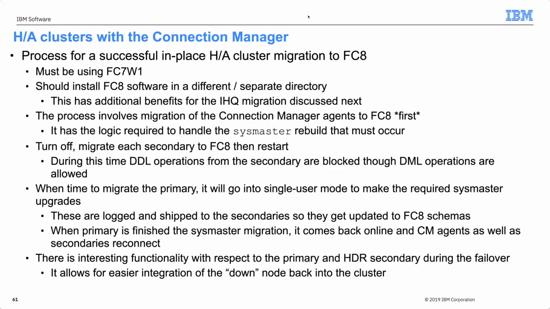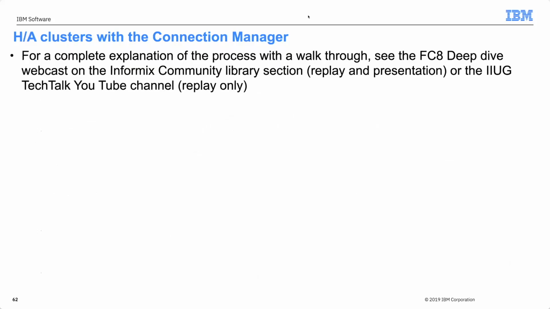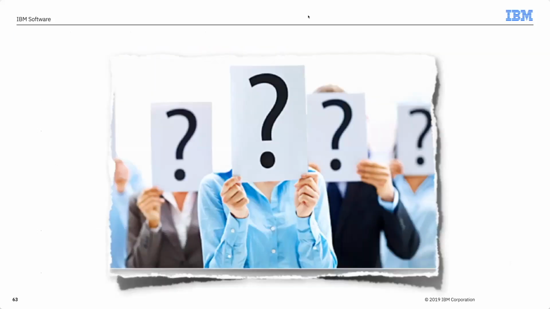And when the primary finishes all of its workload, it will come online and send those changes to the secondaries. They'll be applied on the secondaries, and that's when the secondaries are fully converted to FC8. And once they are applied, the secondaries will then reconnect to the primary and life will be good. So it's a very interesting process. There's a lot of nuances to it. Again, I recommend you look at the FC8 deep dive.